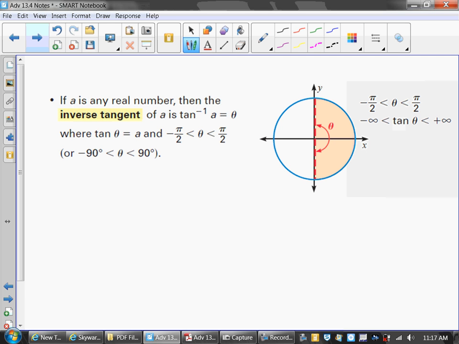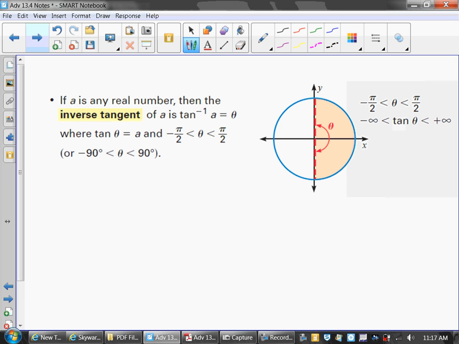It's what we call, when we graph tangent next chapter, vertical asymptotes. Sine and tangent are both 1 and 4. Cosine is 1 and 2. And we're getting to why this works here in a second.